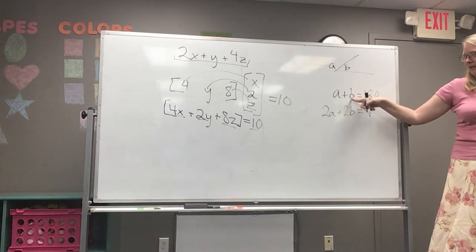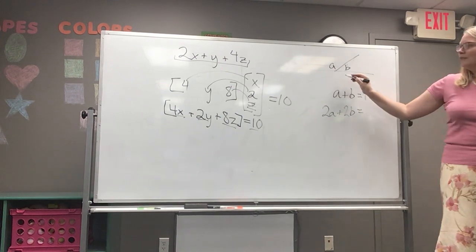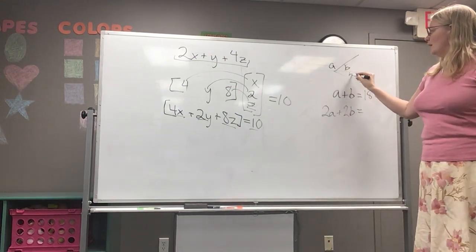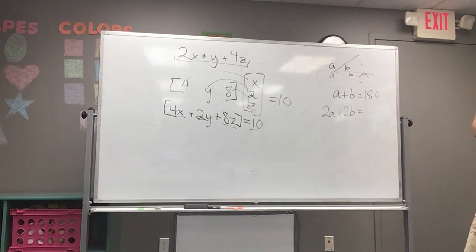A and B together makes 180, so 2A's and 2B's make the entire circle, 360.